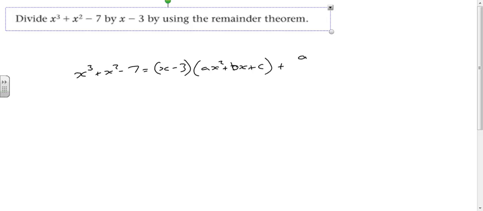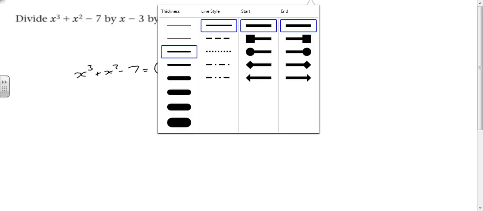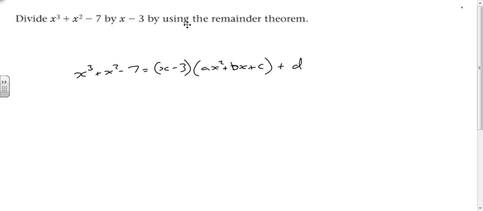So we're going to write that as d. In fact, we can just write that as plus d. Okay, so what do you multiply x by to get x cubed? So that's just going to be a regular x squared. So a is going to equal 1.